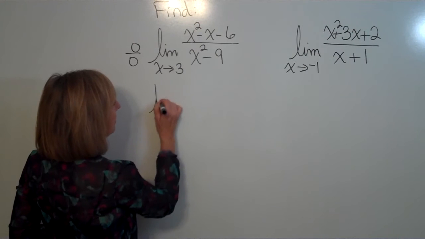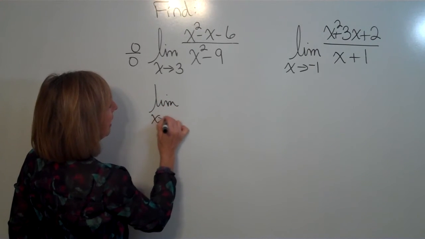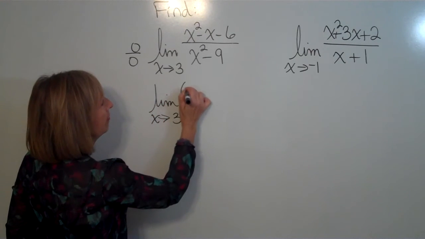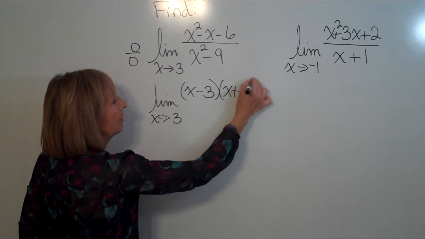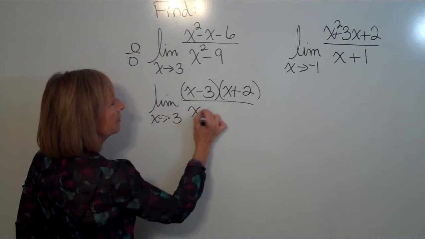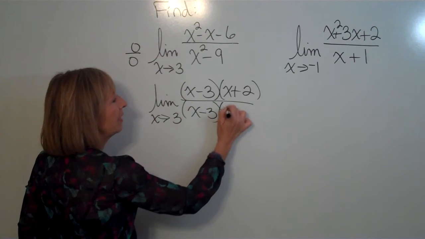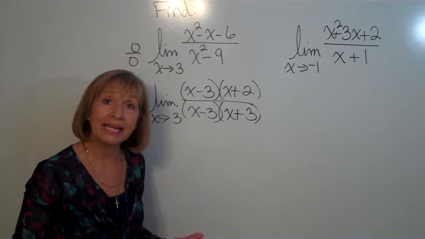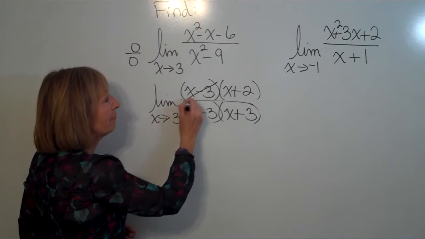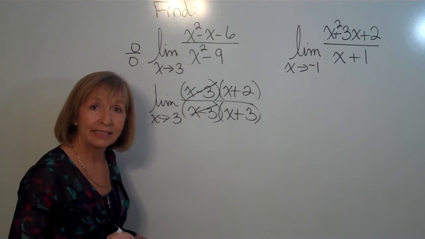So if I look at the limit as x approaches 3 of x minus 3 times x plus 2 over x minus 3 times x plus 3, just factor the numerator and factor the denominator, I see this common factor pair that I can remove.